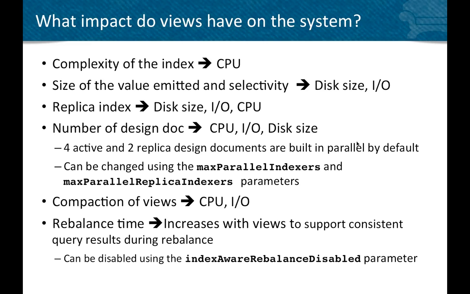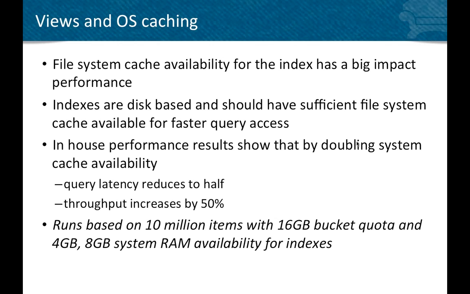So if you're just adding a couple of nodes to an already large cluster, that might not be an issue, but if you have a small cluster and you want to make it into a large cluster, you may want to turn off indexing and then blow the cluster up and then turn indexing back on. Or rather, just disable this index-aware rebalance, and that'll give you much faster rebalances.